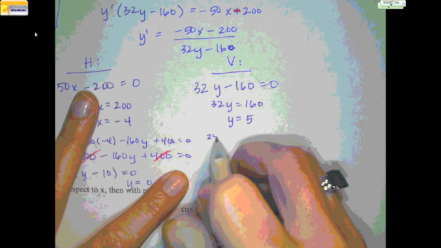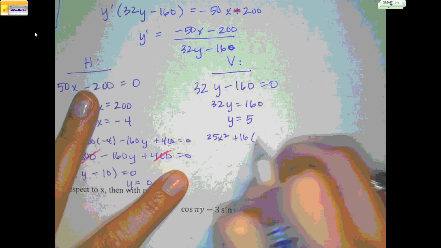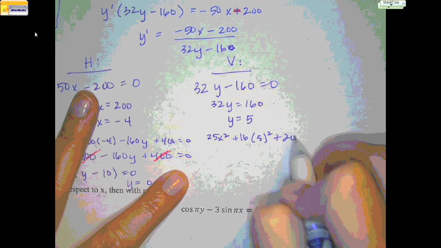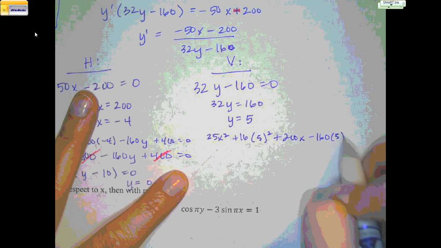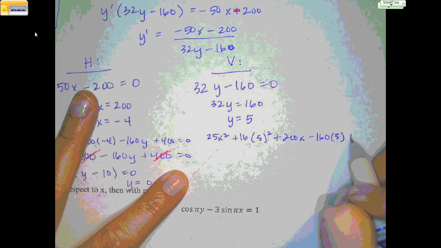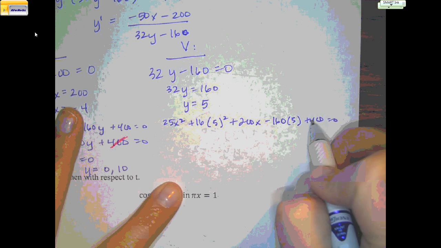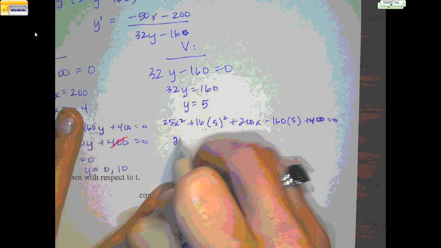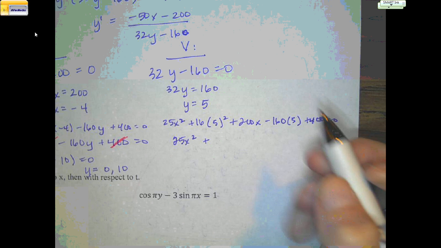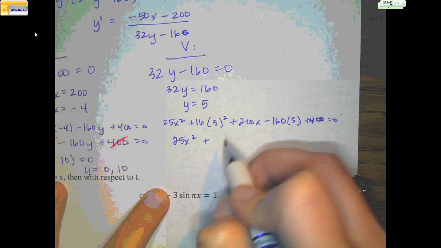So we have 25x squared plus 16 times 5 squared plus 200 times x minus 160 times 5 plus 400 equals 0. So I have 25x squared plus 16 times 25. We said that before, and I believe that was 400.